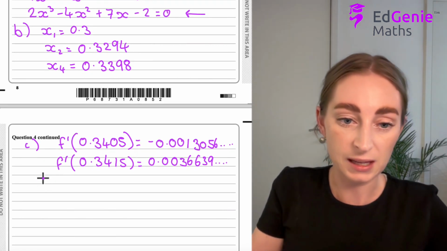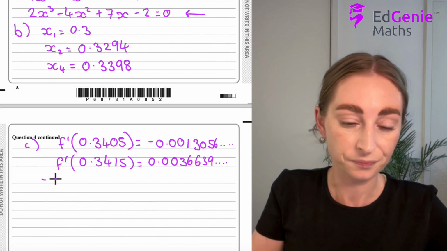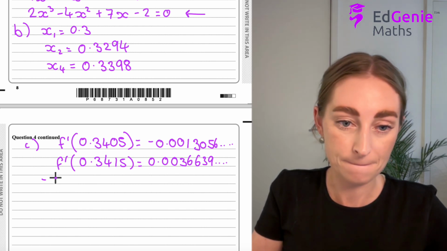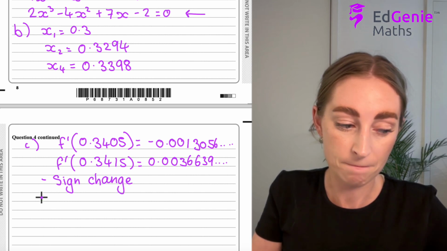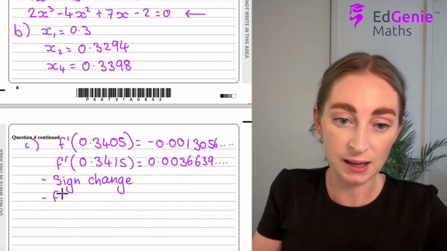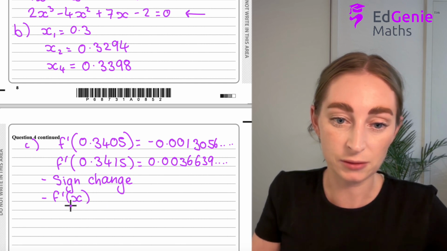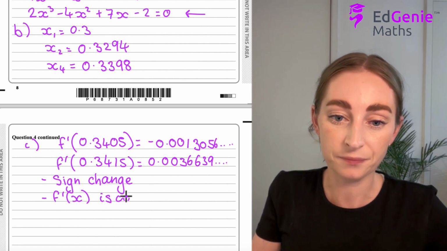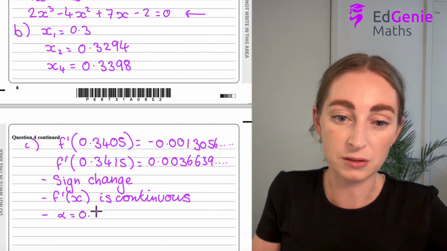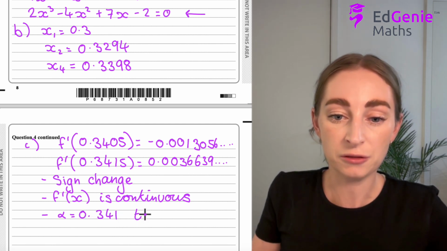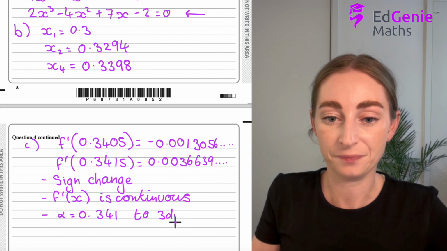So the first one is sign change. Second thing we need to say is that this, so our function, is continuous. So therefore we know that alpha equals 0.341 to 3 decimal places.